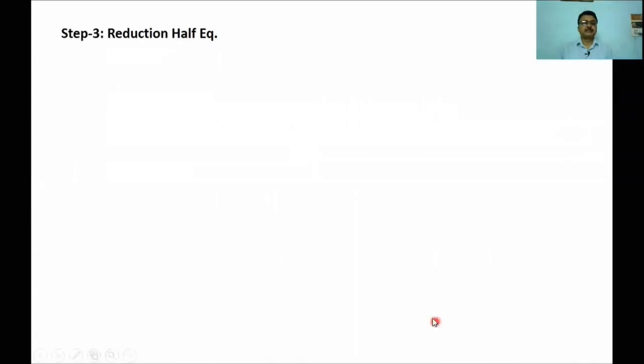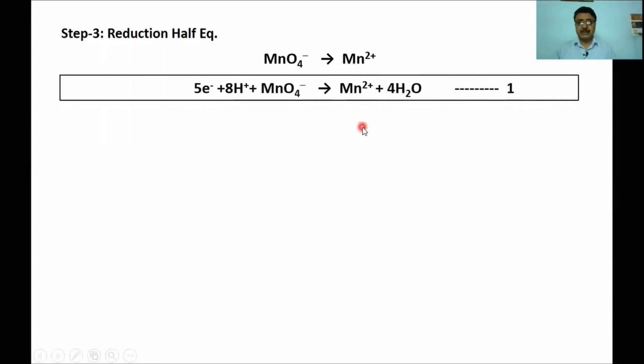Right? Next. Then step 3, write down the reduction half equation. So this is our half equation. Permanganate ion is reduced to manganese ion. So let us balance it by our well-known method. As we have already discussed, oxygen shall be balanced as water. So here we have 4 oxygen atoms. We have added 4 molecules of water to compensate.